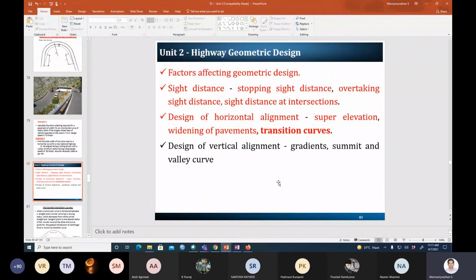Any doubts, students? If there is no doubt, there are two ways. One is whatever I'm teaching, you are getting all the inputs in a crystal clear manner, but I don't know how much of that is true. The second way is that you are not getting anything at all. That is the reason there are no questions. Either this or that is possible.